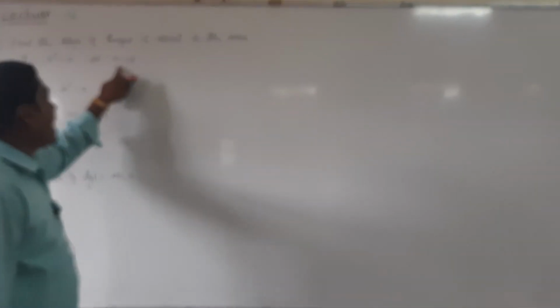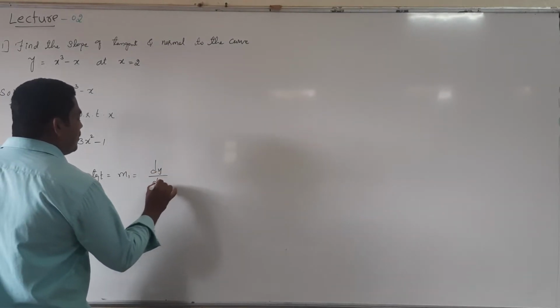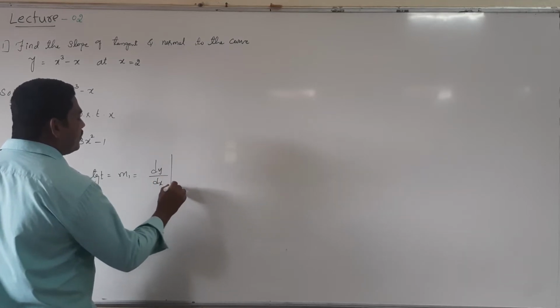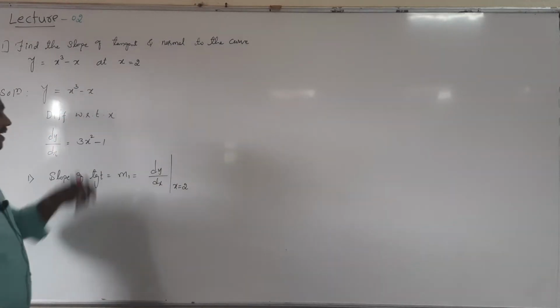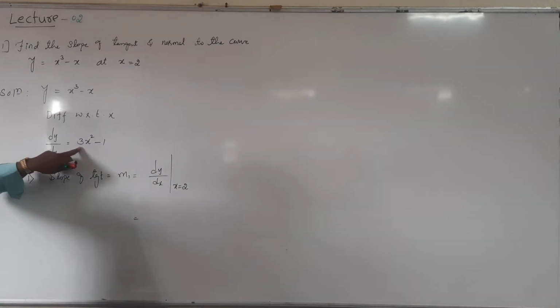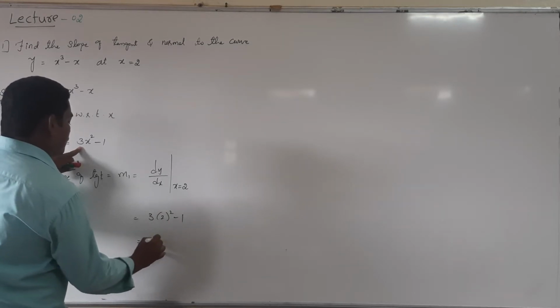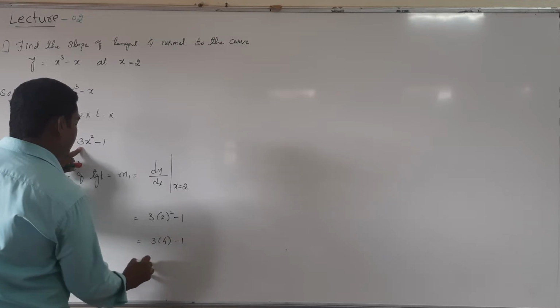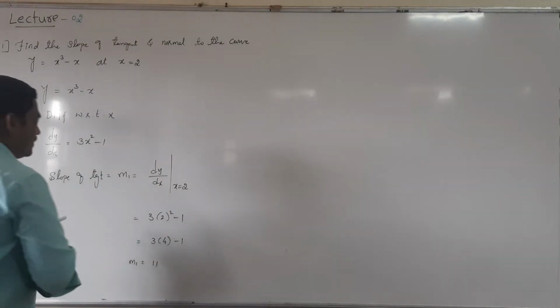So m1 is equal to dy by dx at the given point, which means at x equal to 2. After differentiating, put the x value 2: 3 into 2 square minus 1, that's 3 into 4 minus 1, which equals 11. This is the slope of the tangent line, right?